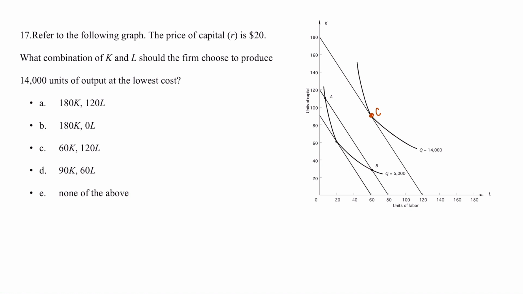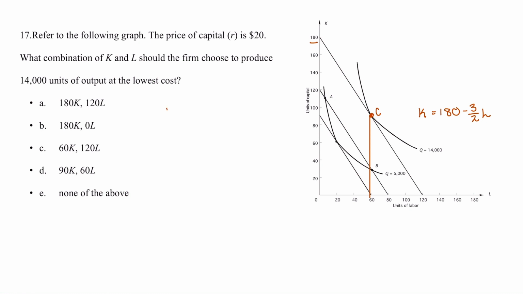And in order to do anything with that, first we have to find the equation of this line. So we are going to have 180 minus 3/2 L. And then from this point, if we go straight down and you draw an actual straight line, it will be 60 units of labor.